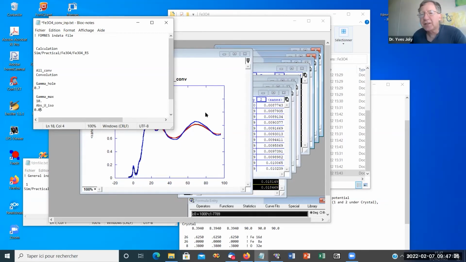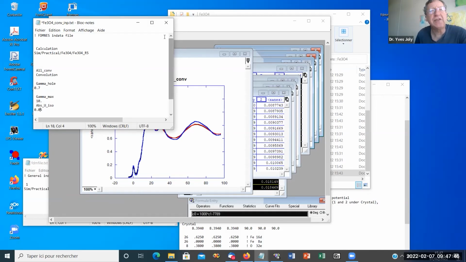Yes, thank you. Very good question. So the first thing is that, as you can see, the results here are in the photoelectron energy, with the 0 being more or less the Fermi energy.